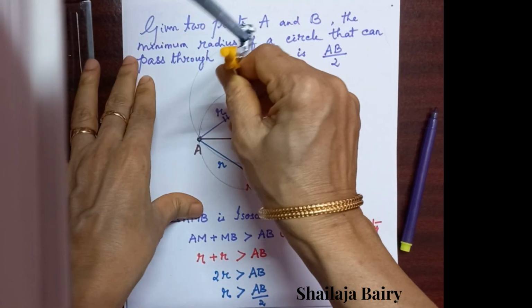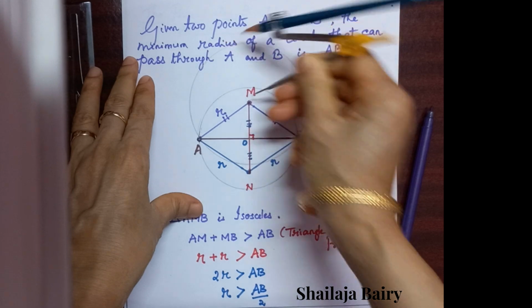AB is one of the chords now, but obviously not the diameter.